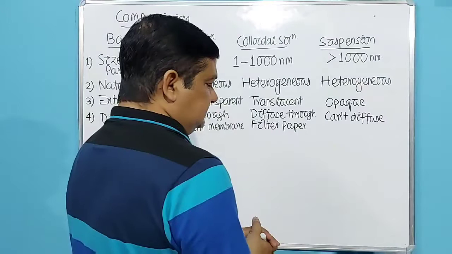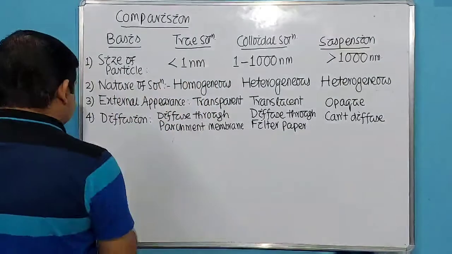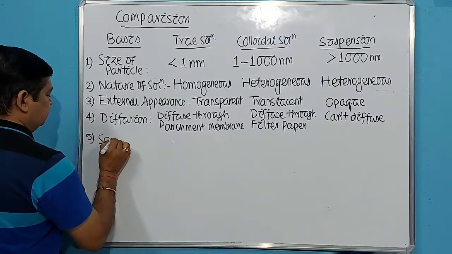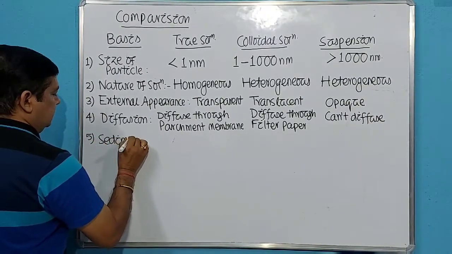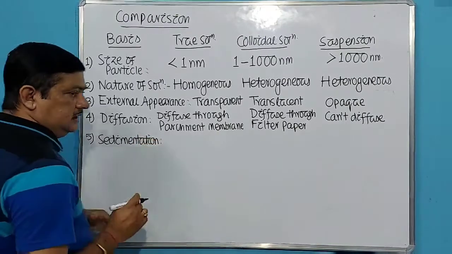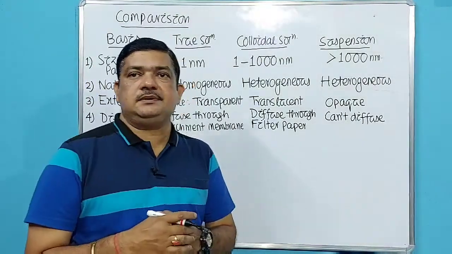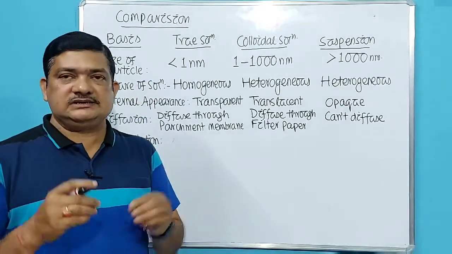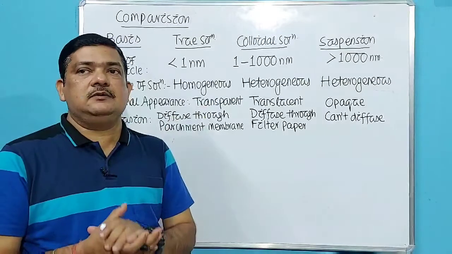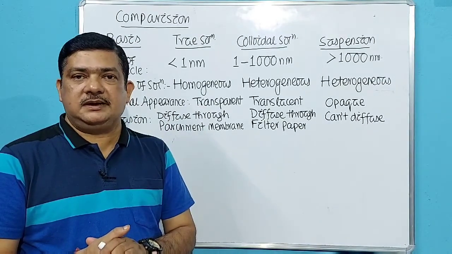The next basis is your sedimentation. I have already told you what is sedimentation. Now when any solution is kept undisturbed for several hours, what happens? The heavier matter, that is the solid particles, settle down at the bottom due to force of gravity.